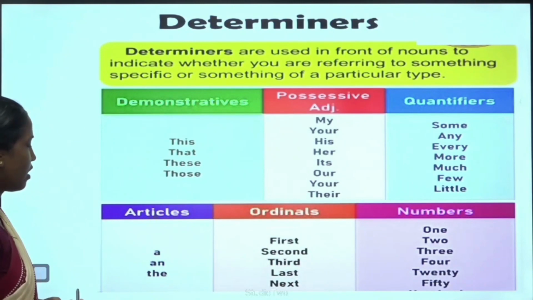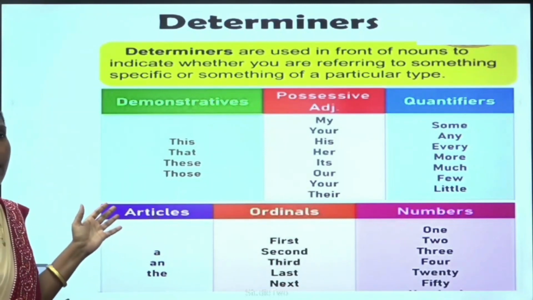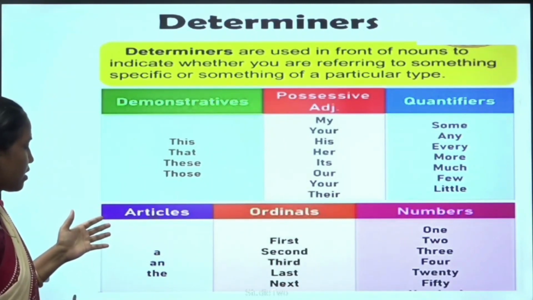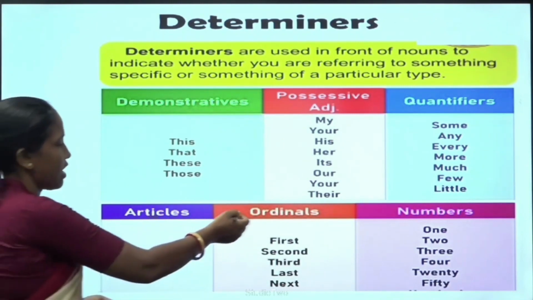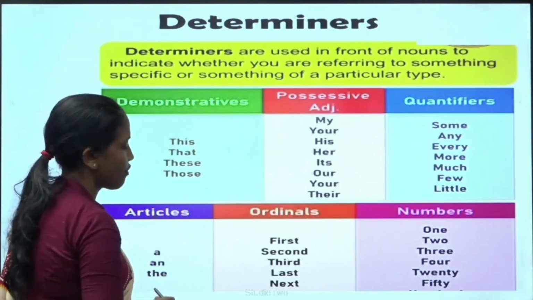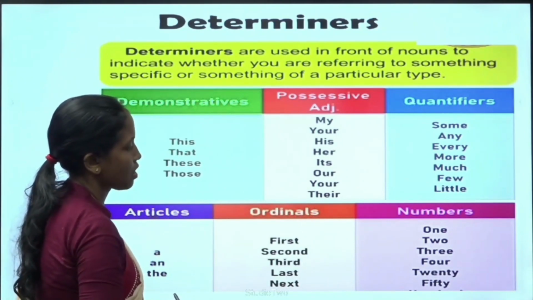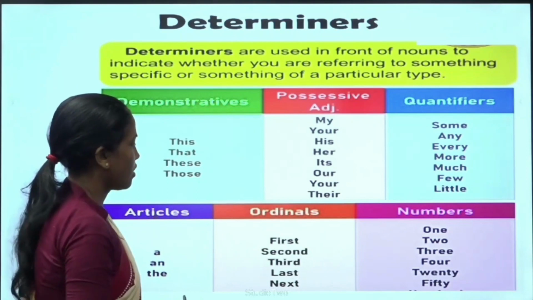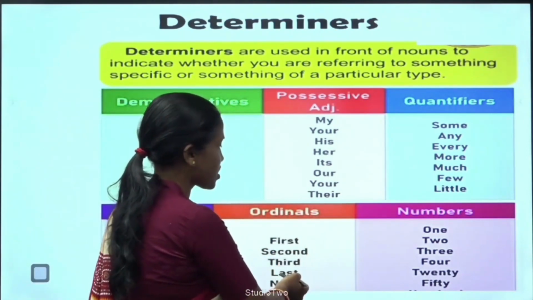Next we are learning about the articles. You know about the definite and indefinite articles, a, an and the. Then ordinals: first, second, third, last, next.